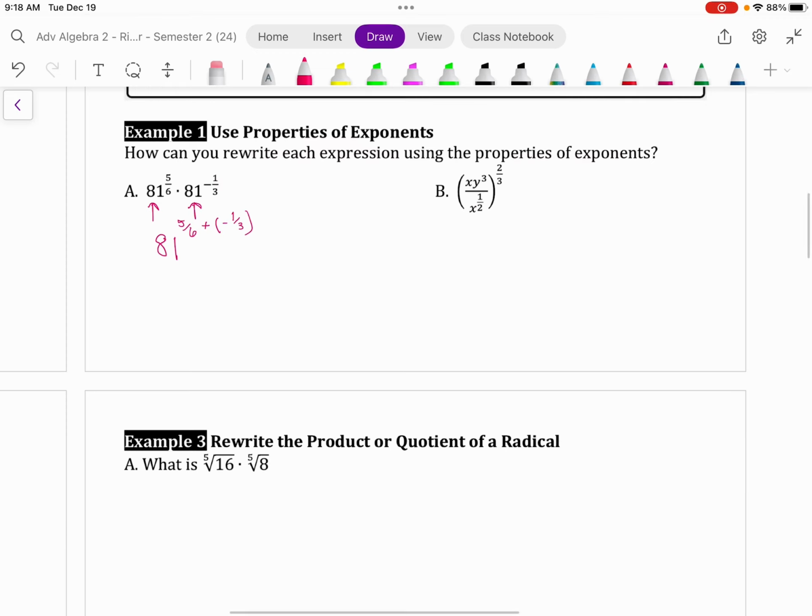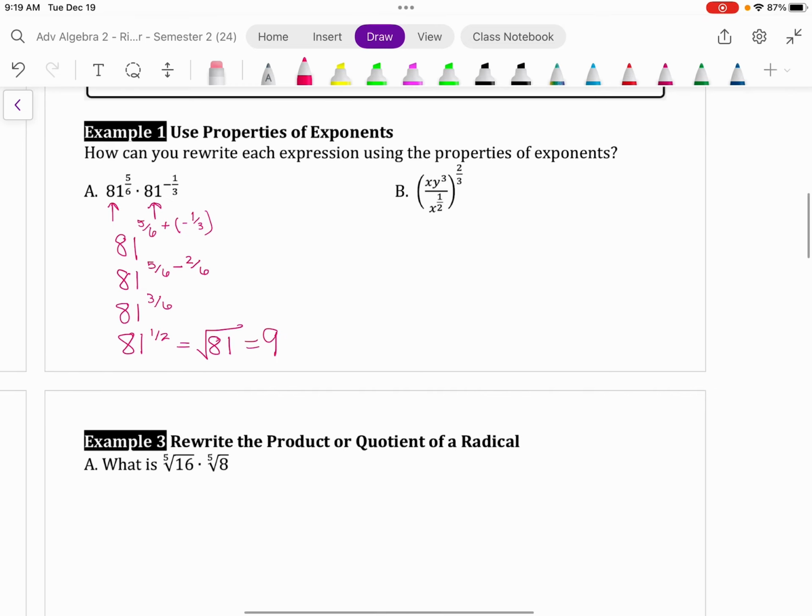You can put that in your calculator if you really hate fractions that bad, but that's the same thing as 5/6 minus 2/6, because 1/3 is the same thing as 2/6. 5 minus 2 is 3. So that's 81 to the 1/2 power. We know from our last section that's the same thing as the square root of 81, which is 9. Okay.